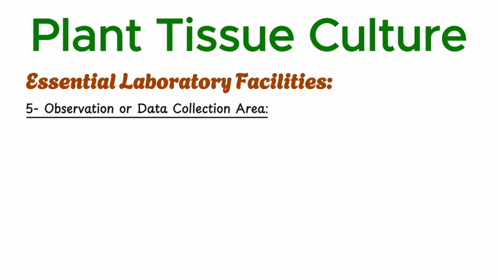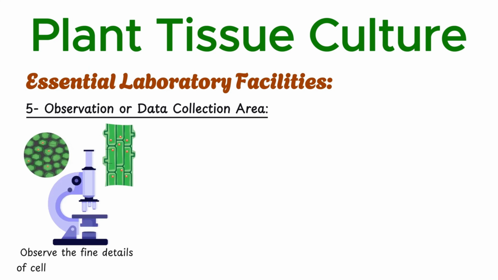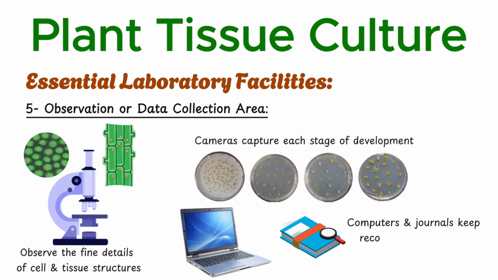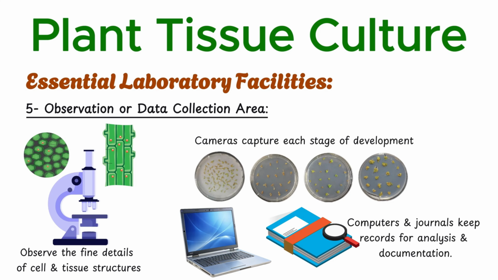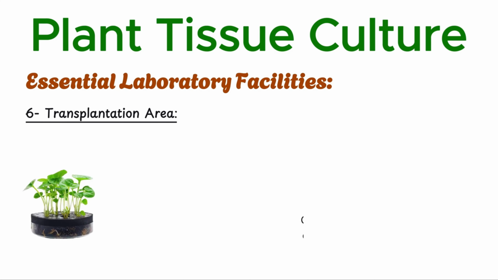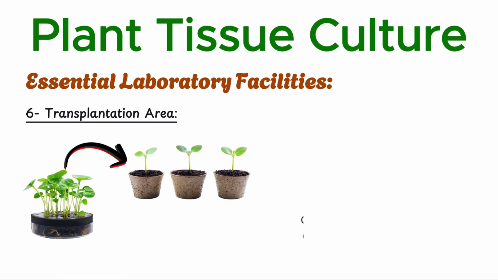Tracking progress is essential. Microscopes allow scientists to observe the fine details of cell and tissue structures, while cameras capture each stage of development. Computers and journals keep records for analysis and documentation. This is where cultured plants transition to the outside world. Plantlets are carefully transferred to pots or trays filled with soil mixtures.